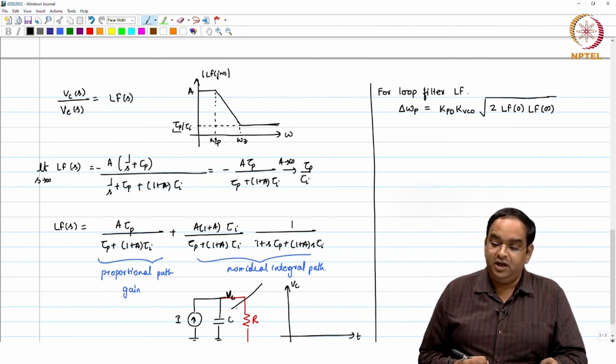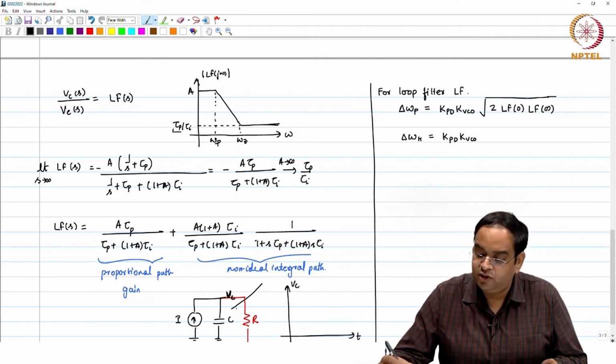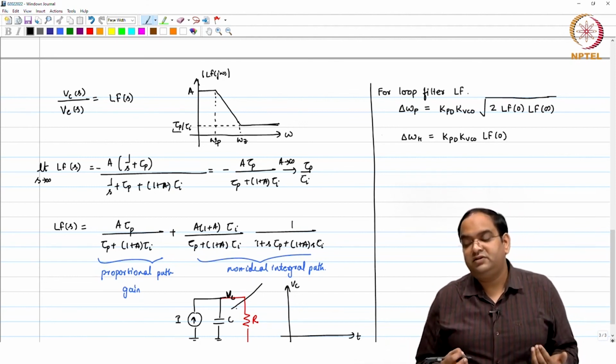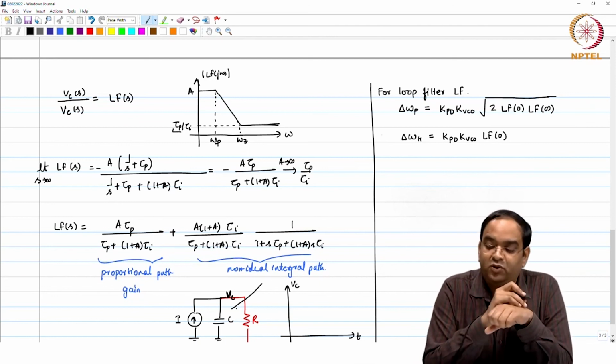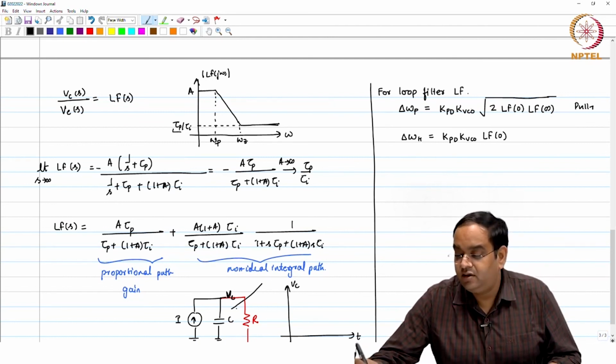And the hold-in range is K_PD times K_VCO into the loop filter at 0. If the loop filter at 0 is infinity, then you see that both the pull-in and hold-in ranges are actually infinite.